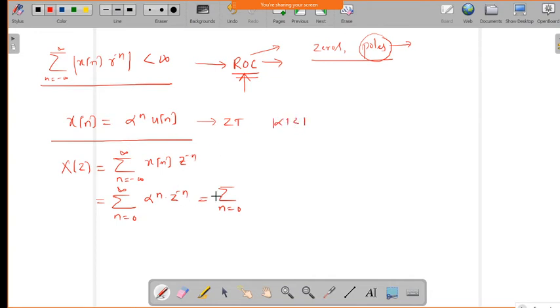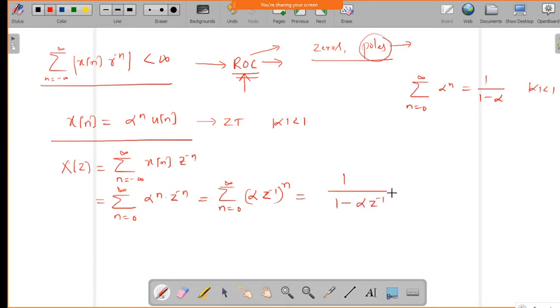We can write this as the summation of alpha into z power minus 1, to the power n. We know the summation of alpha power n from n equal to 0 to infinity is 1 over 1 minus alpha, where alpha is less than 1. Applying that, we get 1 over 1 minus alpha into z inverse.